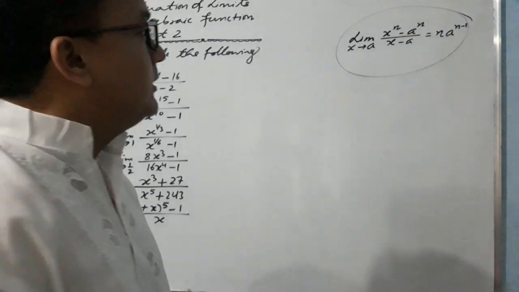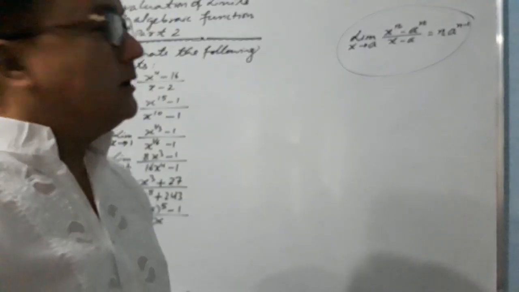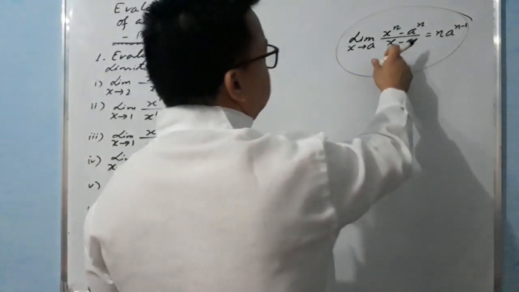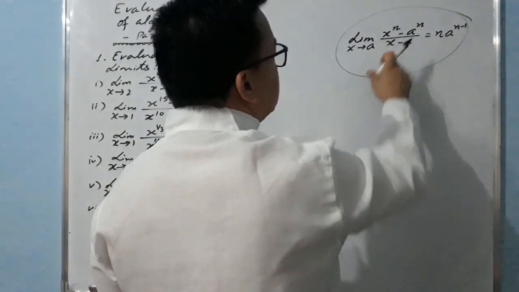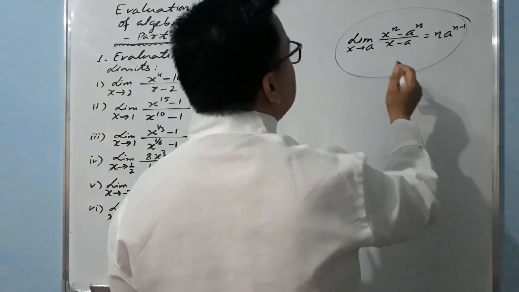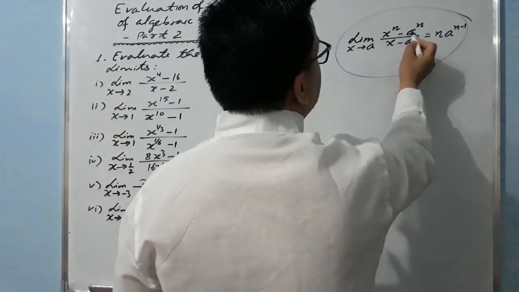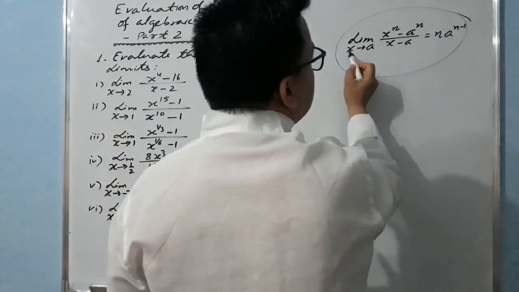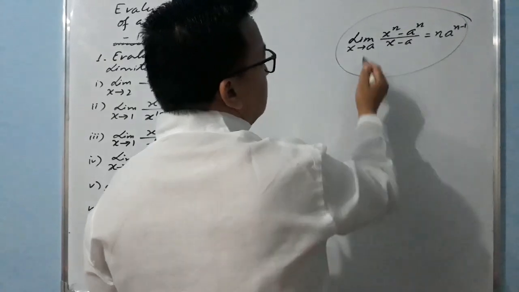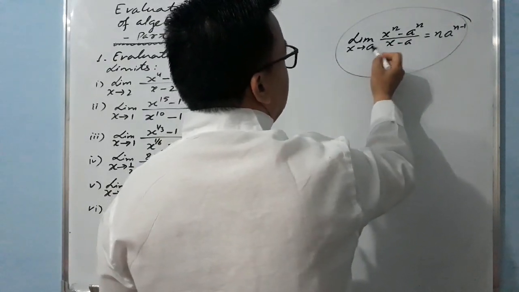I have proved this, and you have to know before applying this theorem how to use it. Before applying, you need to see x and a here, and here also x and a.